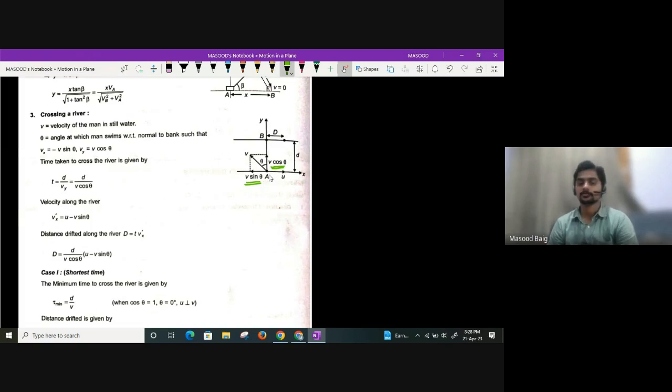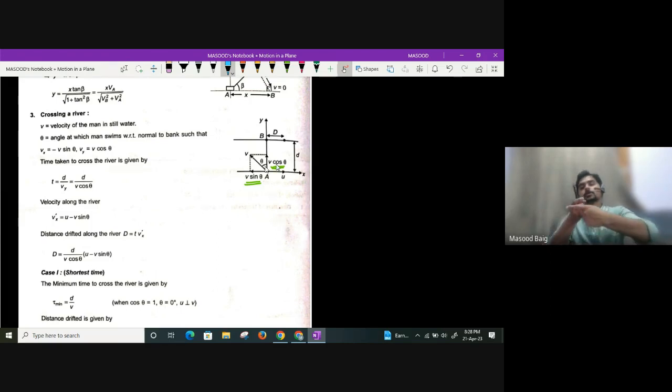In order to cross the river, which displacement does it have to attain? Vertical displacement. So will v sin theta be responsible or v cos theta?